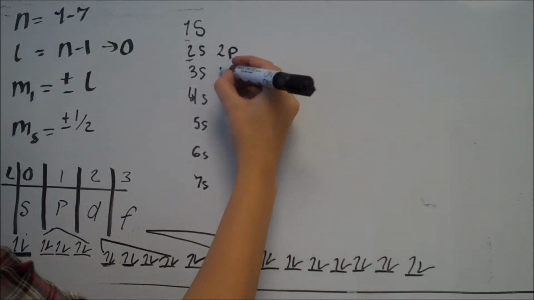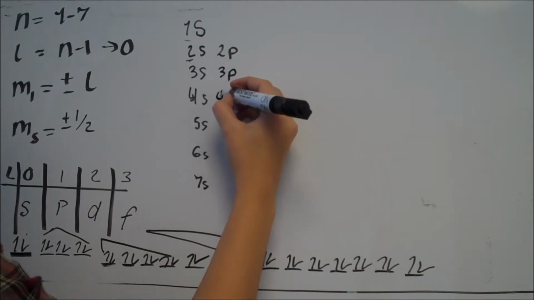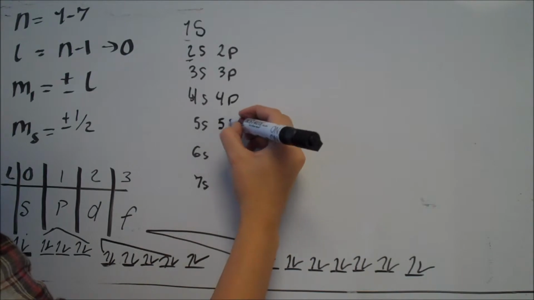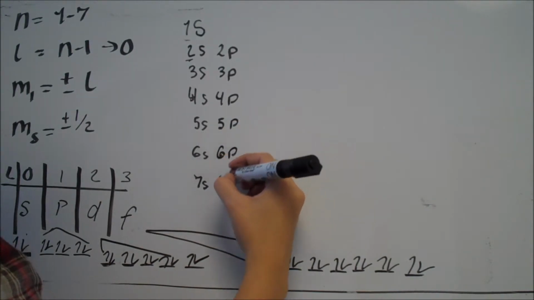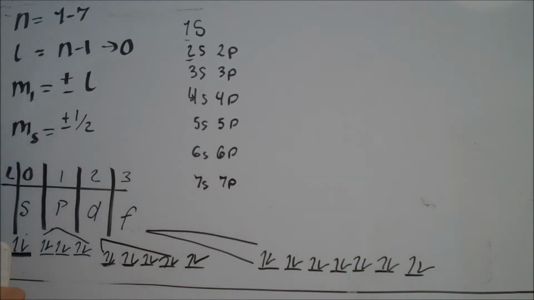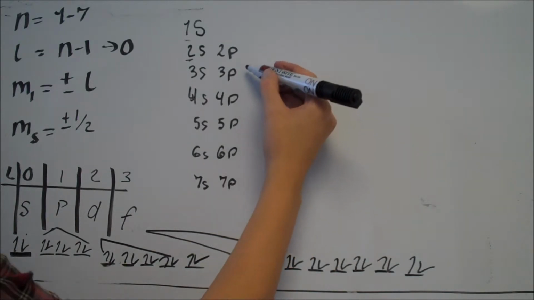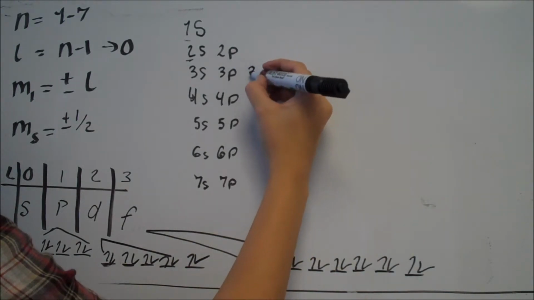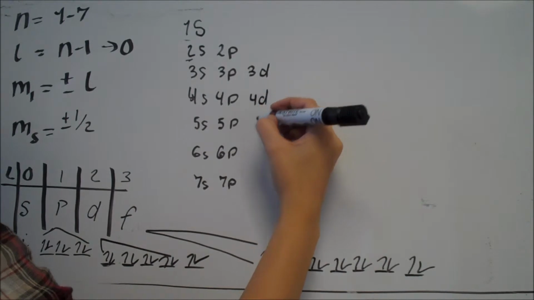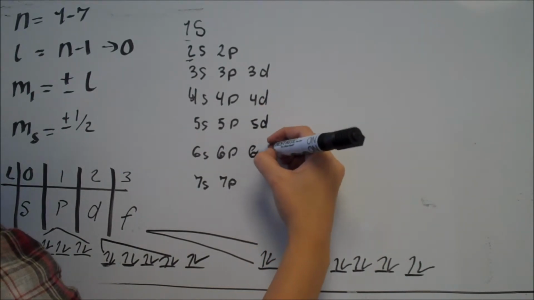Then we have 2p, 3p, 4p, 5p, 6p, 7p. Okay, and then we go back down, and we have 3d, 4d, 5d, and 6d.